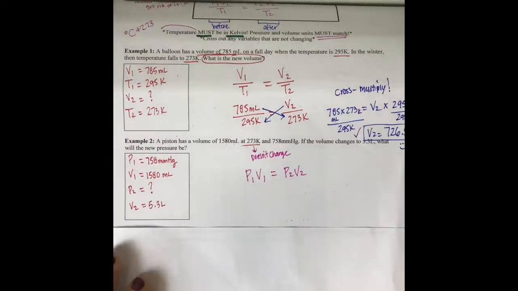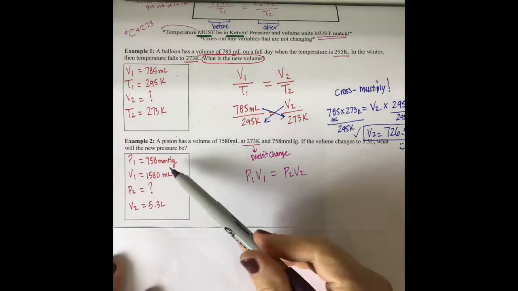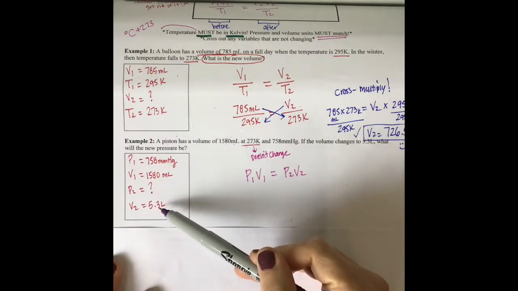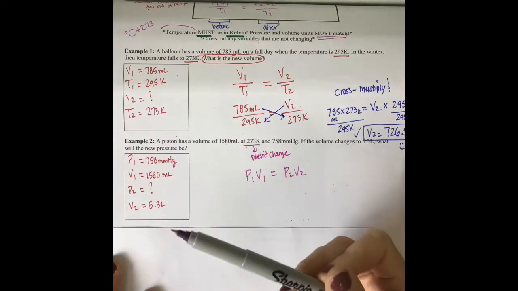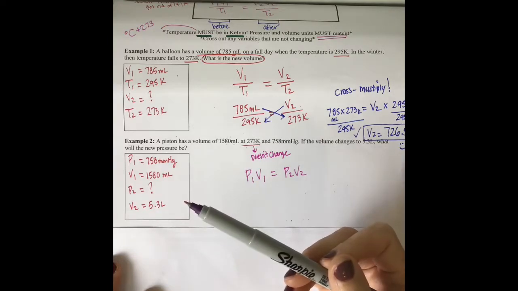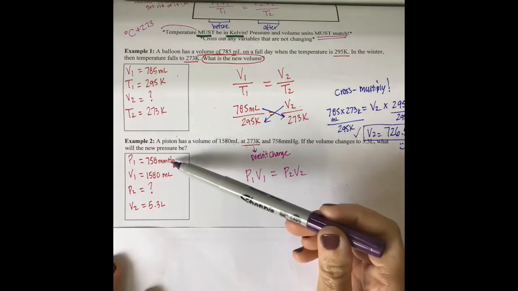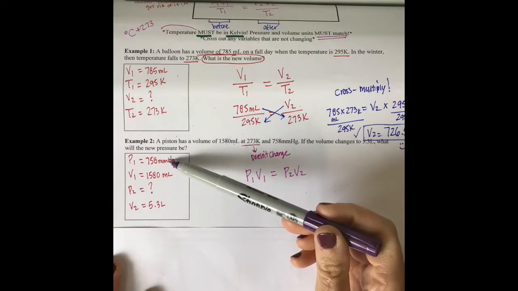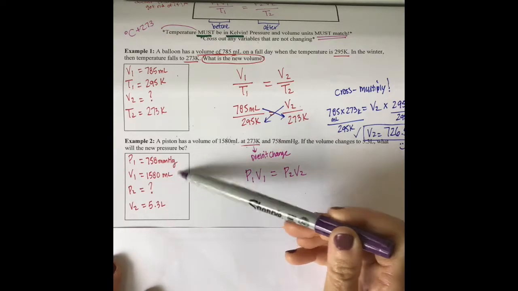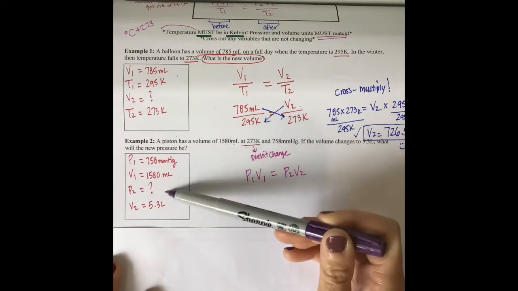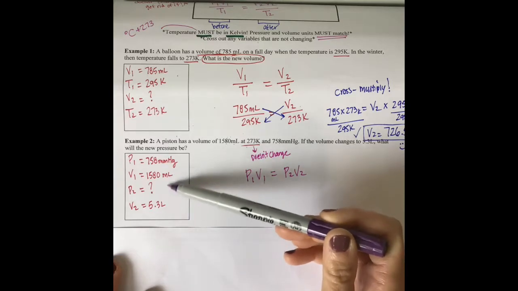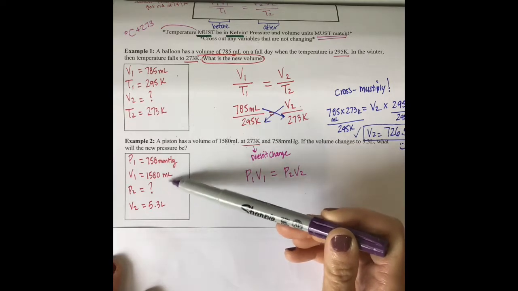Now, before you begin plugging things in, I want you to do a simple scan of your variables. Do your pressure and volume units match? Well, pressure, you only have one of them, so you know that the answer will come out in millimeters of mercury, and that's fine. But when you look at your volume units, one is in milliliters and one is in liters, and those don't match.